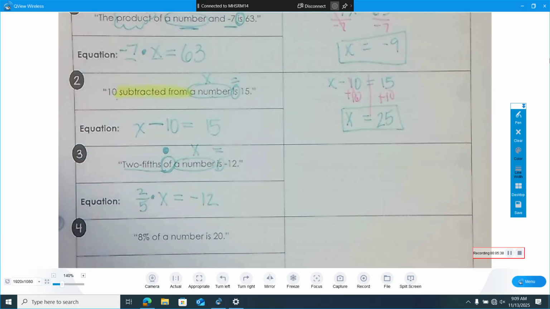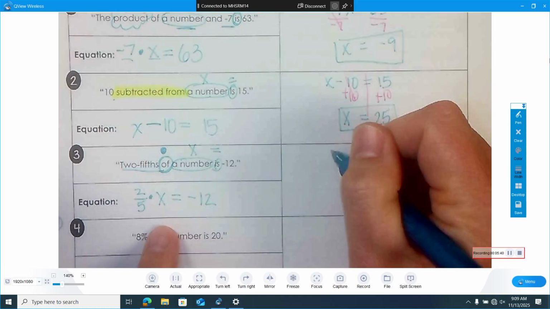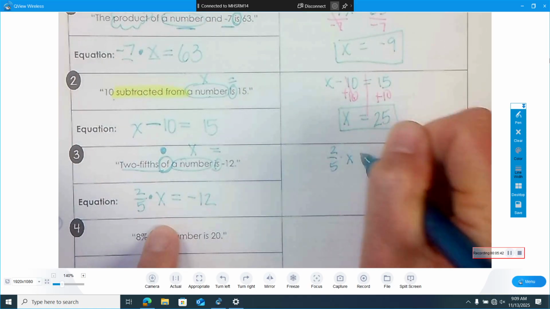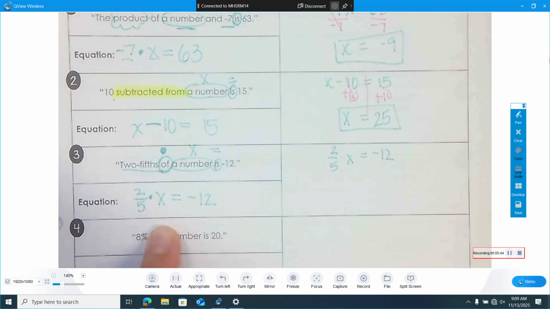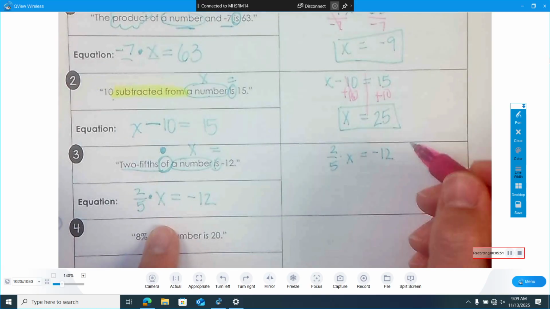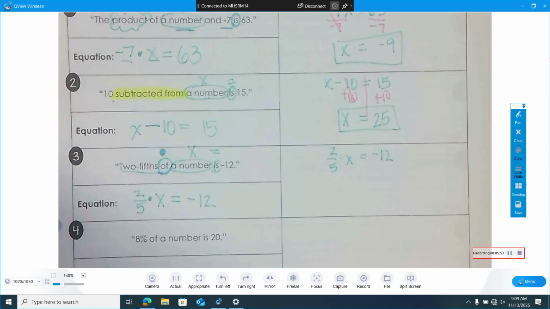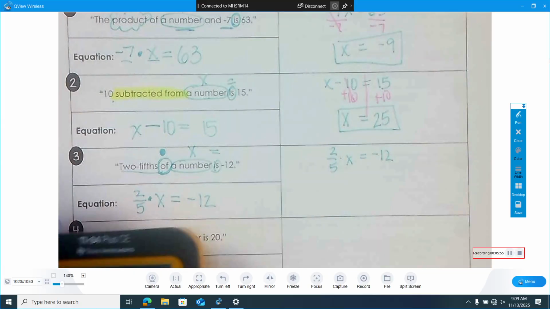All right, here we go. So we want to solve this. We have 2/5 times x equals -12. How do we get x by itself? Divide by 2/5. Okay, we could absolutely do that if we use our calculator.